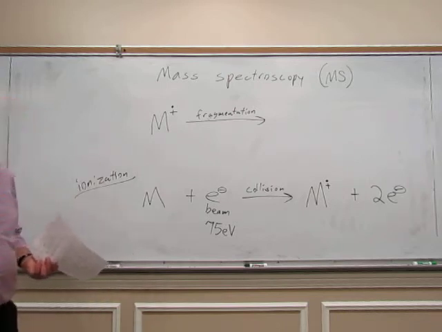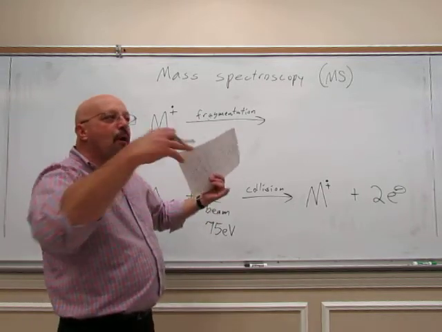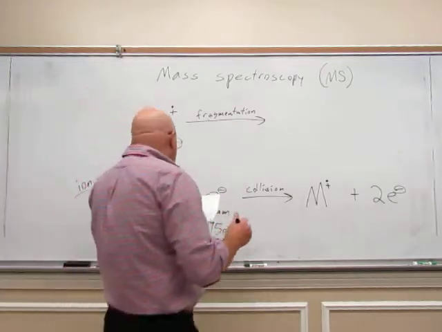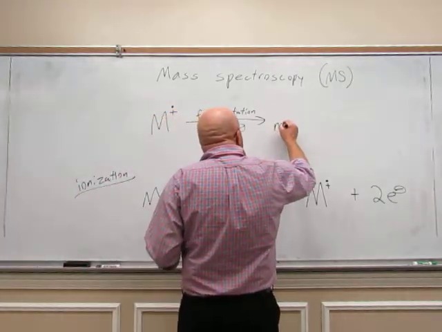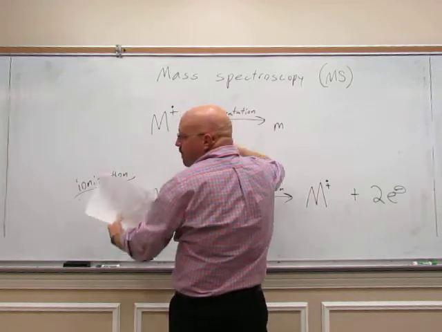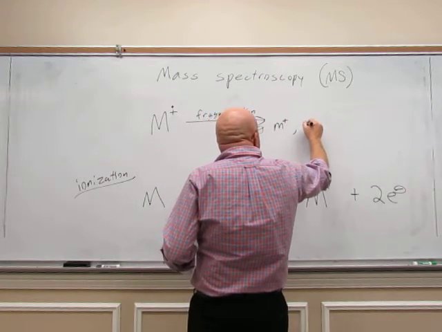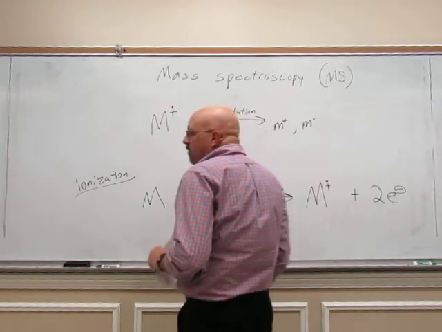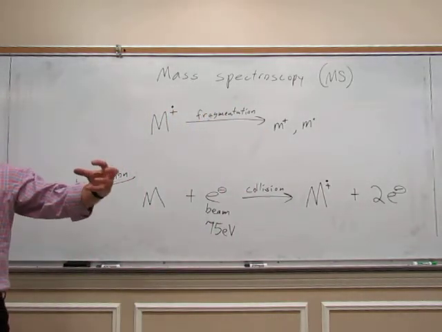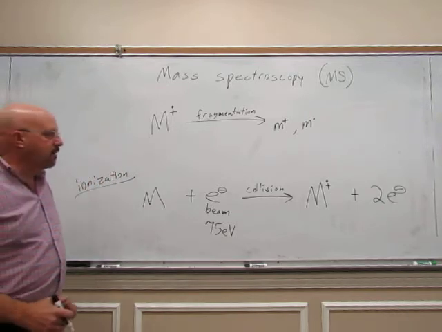I had a capital M for our original molecule, and I'm going to use a lowercase m to represent it's broken into smaller pieces. One way it could break is in half, where one piece is the cation and the other piece is the radical. That makes sense. You started with the radical cation. If it breaks apart, one would be the cation and one would be the radical.